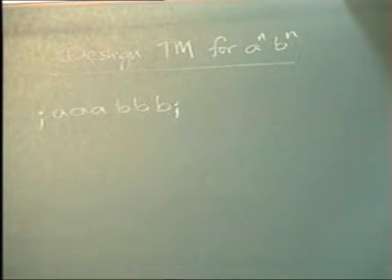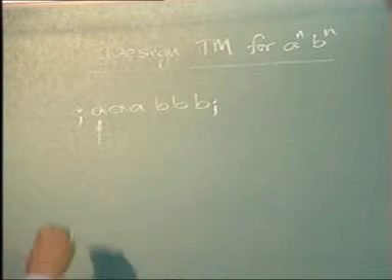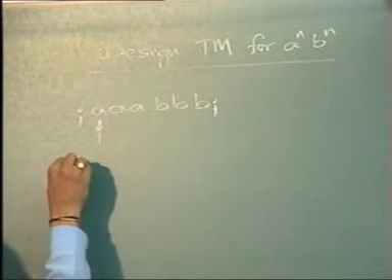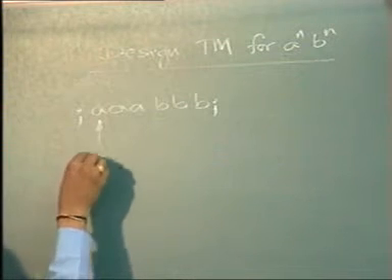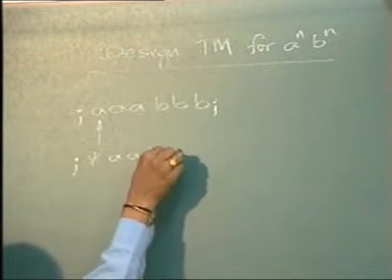Of course, our assumption will be always that the head is at the first position. Now I will have to match 1 A corresponding to 1 B. So I say that in the first state, when I read A, mark it as star and move the head to the right by one position.